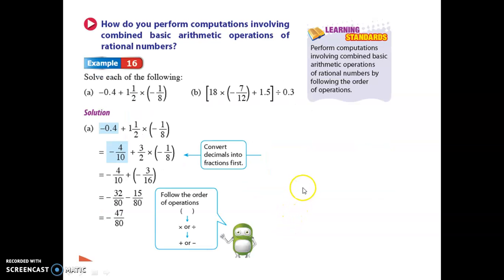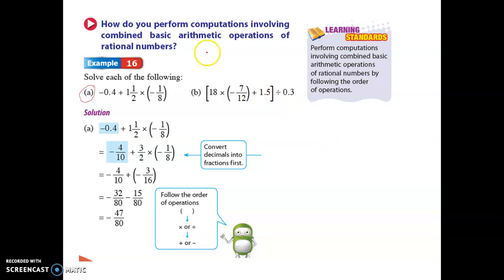Now we look at how to perform computation involving combined operations of rational numbers. We look at example 16, which you can refer to in your textbook. Question A: negative 0.4 plus 1 over 2 times negative 1 over 8.